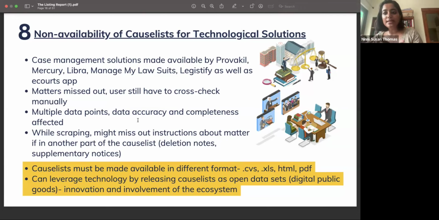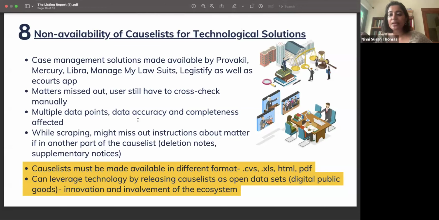I've been using Provokil for nearly 6-7 years now, and even now there is not complete accuracy. They're doing a great job, all of them. But because of the way the websites themselves and the cause lists are designed, it is inevitable that some things will be missed out.